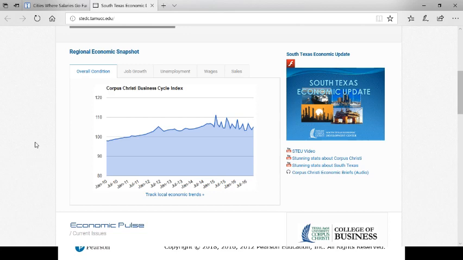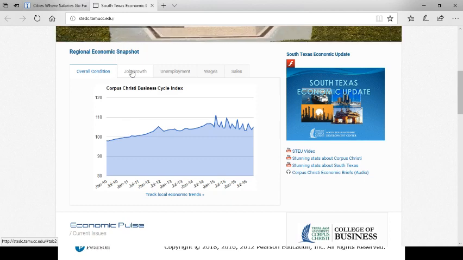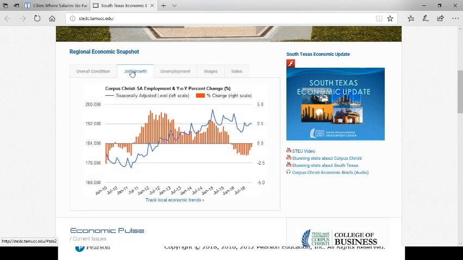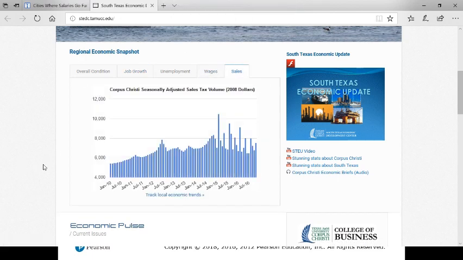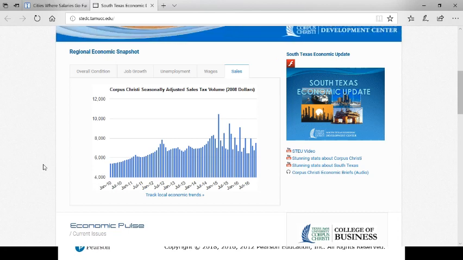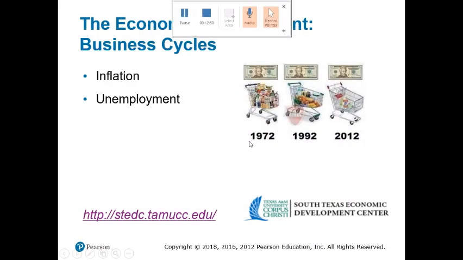You can see the reports they generate about important indicators, overall conditions of the business cycle, which we just talked about, employment, job growth, wages, sales. So if there is a company considering coming to the Coastal Bend area here, they would of course benefit from making their decisions based on information like this.